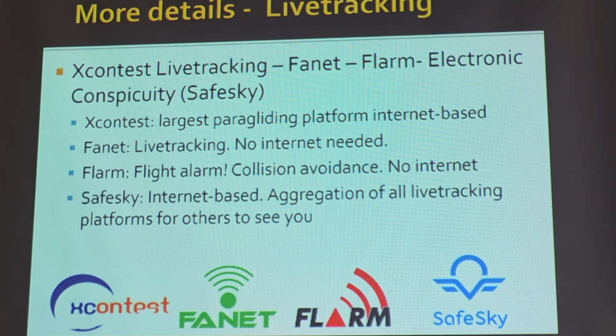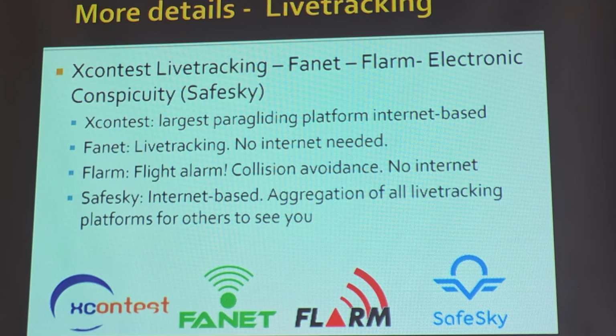And then to make sure that you understand the difference between the X-Contest live tracking, FANET, FLARM, and electronic conspicuity Safe Sky. So X-Contest is a live tracking platform that is used by a lot of paragliders. So it's quite convenient to be there, because then you can see a lot of people on the X-Contest, see your friends, they can see you, and so on.